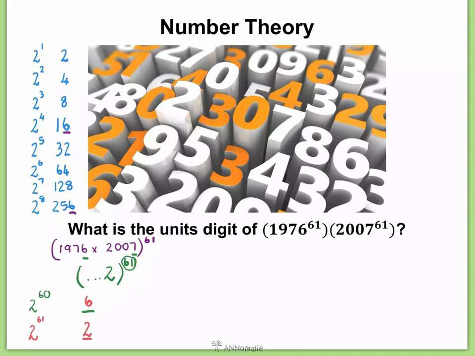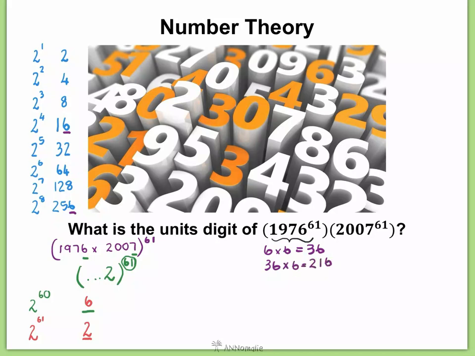There's a different method. And that method is to look at each one of these individually. So if I look at this individually, we note that 6 times 6 is 36. 36 times 6 is 216.